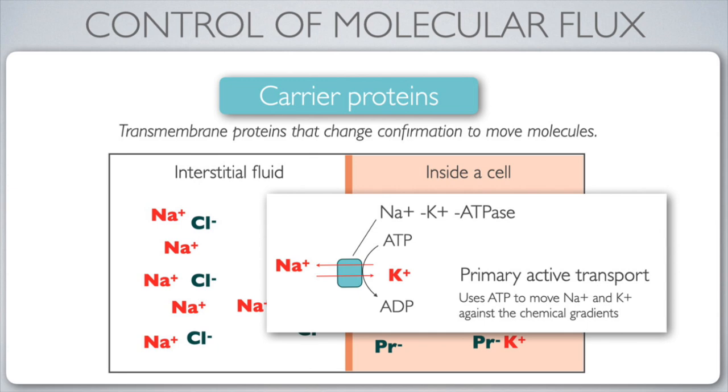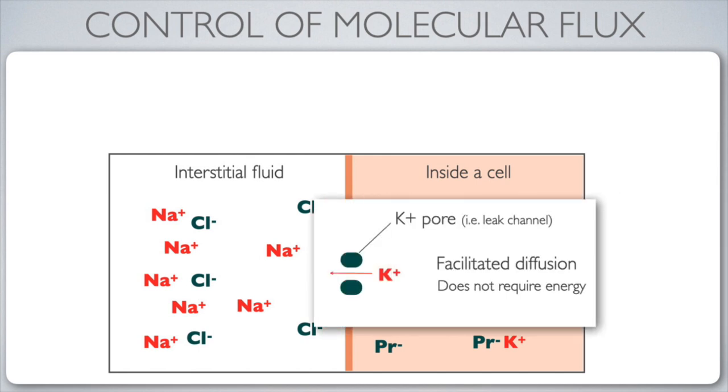Another transmembrane protein that is common to cells is one that undoes half of the work being done by sodium potassium ATPase. And that is the establishment of the potassium gradient across the membrane. What is this transmembrane protein? It's known as a potassium pore or a leak channel.